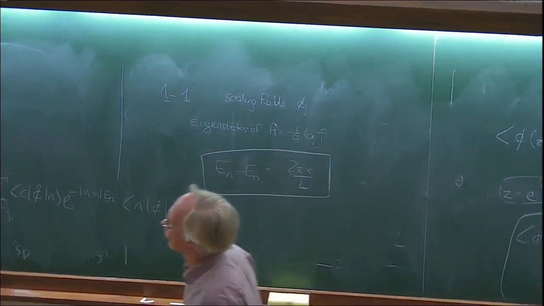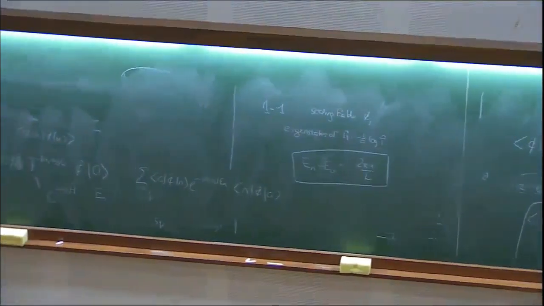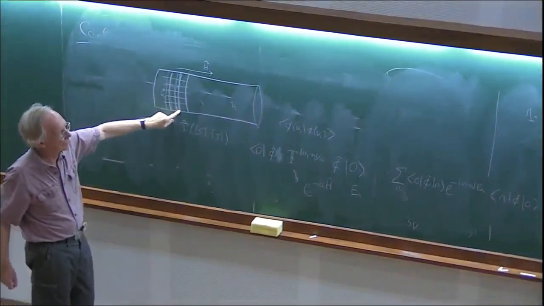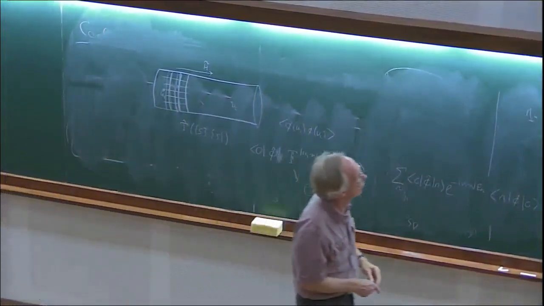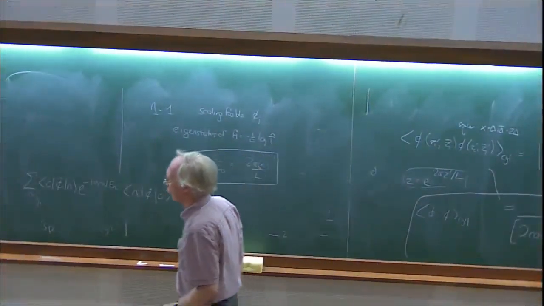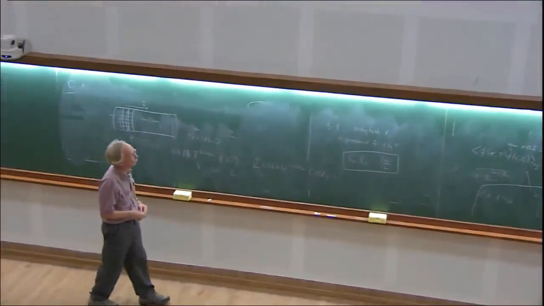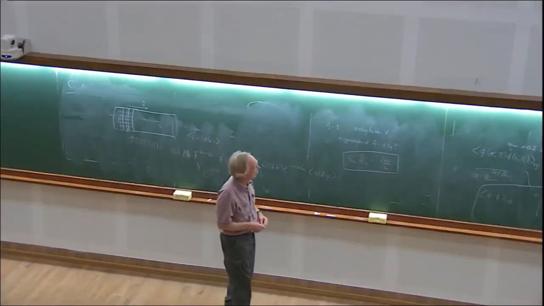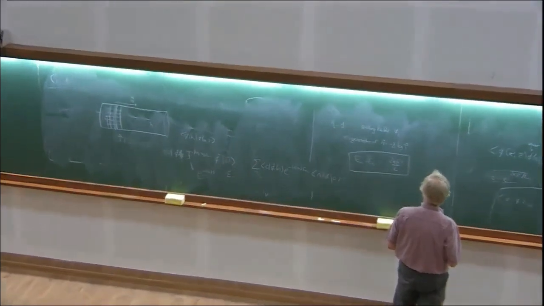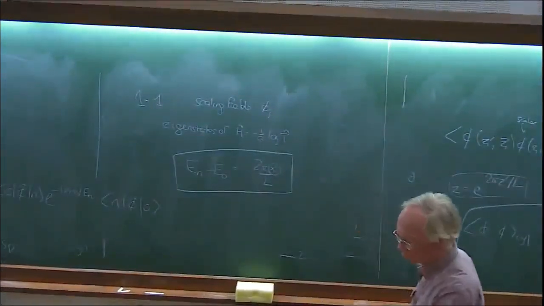So by numerically diagonalizing the transfer matrix, which, as long as you have a finite number of lattice spacings here, is relatively easy to do, you can read off the scaling dimensions of all the scaling fields in the theory. So this gives you an extremely powerful way of numerically understanding things.